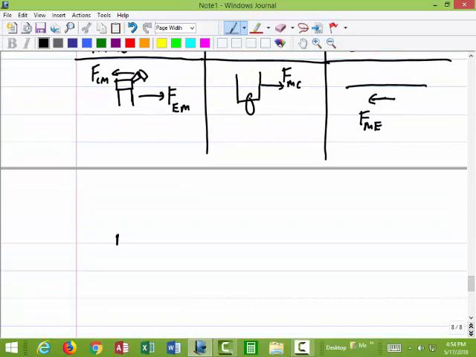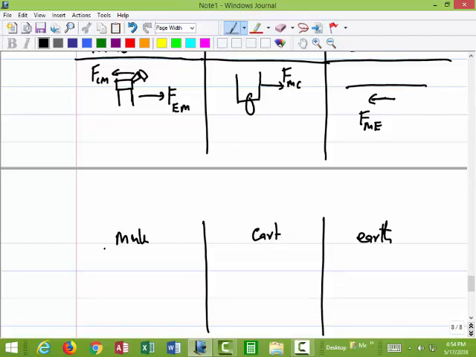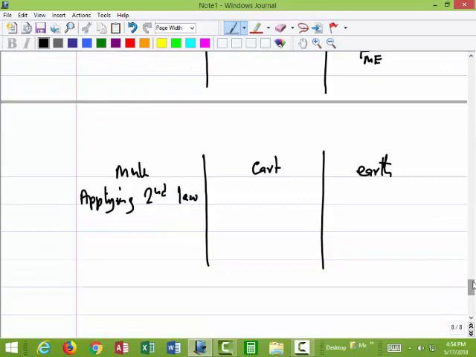So we have our mule again, we have cat, and we have Earth. So now applying second law, we say the net force on the mule is equal to the mass times acceleration. So the forces on the mule are given.